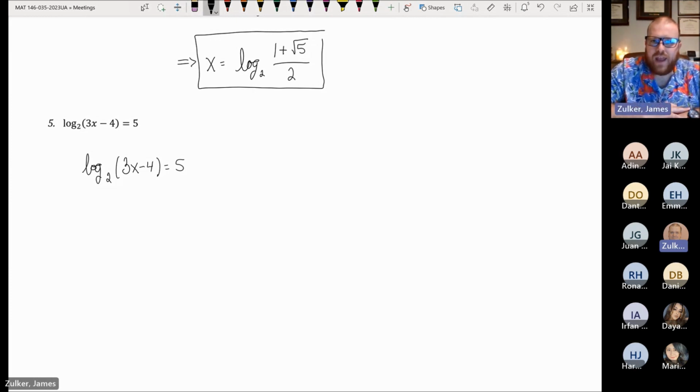Why not write it in exponential form? Wouldn't it be 3x minus 4 is equal to 2 to the 5th? And 2 to the 5th is 32.